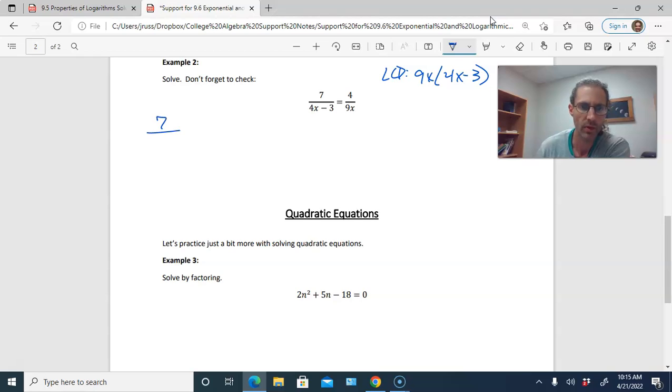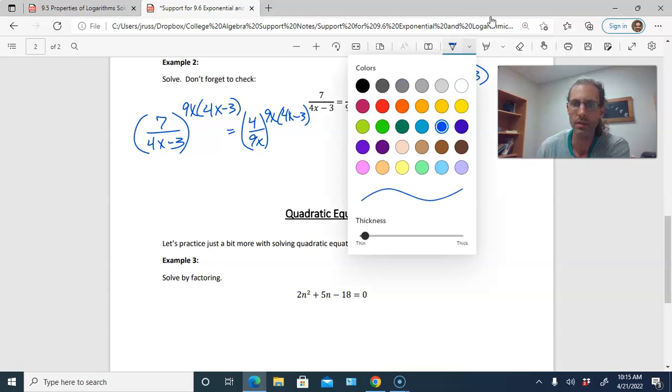So we'll do it the same way we did the last one. We're going to multiply both sides by that same LCD. And so we should see some stuff divide out again.